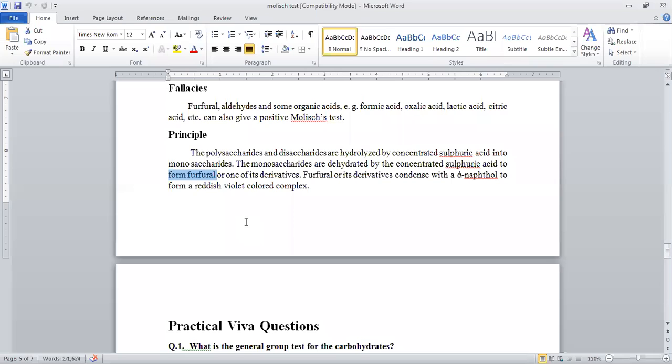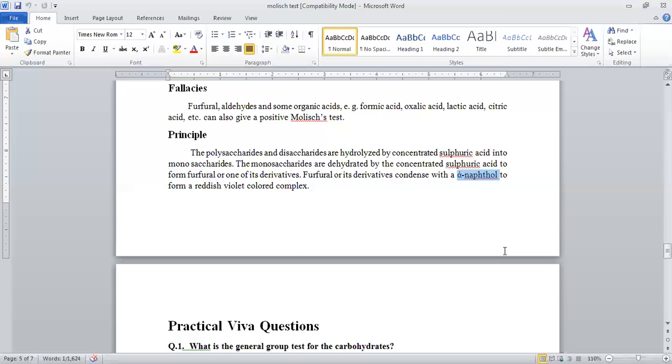Now this furfural, or a derivative of furfural, condenses and reacts with alpha naphthol which is present in the Molisch reagent.